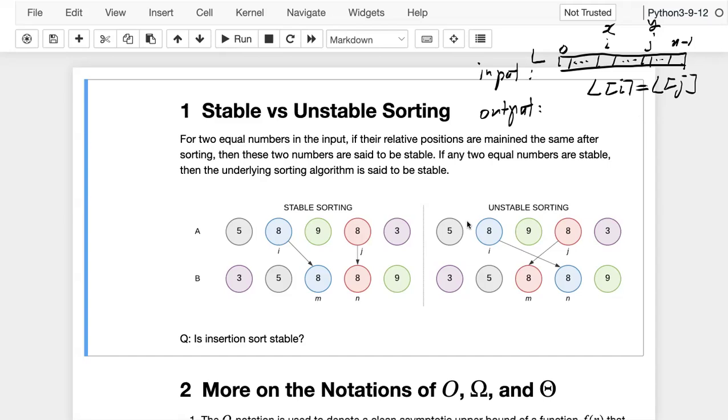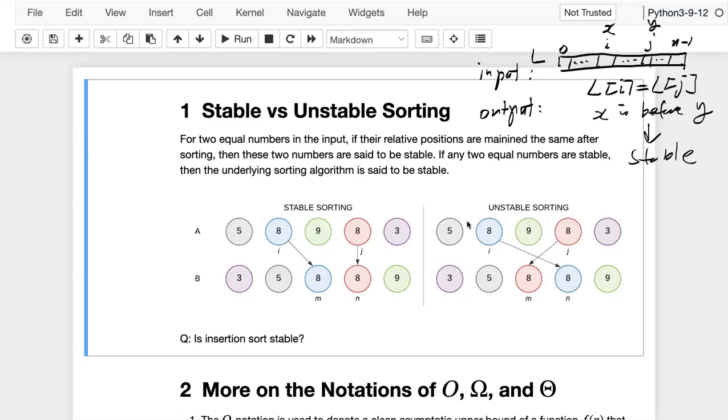If X is before Y in the output, then this is stable. Otherwise, it's unstable. All right, so that is what it means by a stable sorting algorithm.